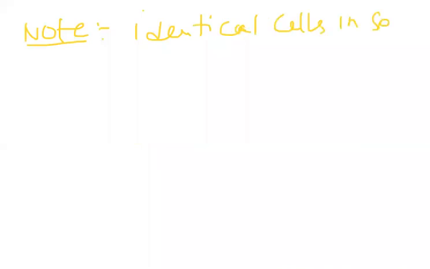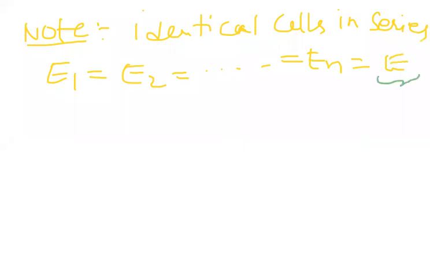Identical means internal resistance and EMF are equal. So I can write E1 equals E2, and so on up to En equals E. All the cells' EMFs are equal, as well as all the internal resistances, let us say small r.